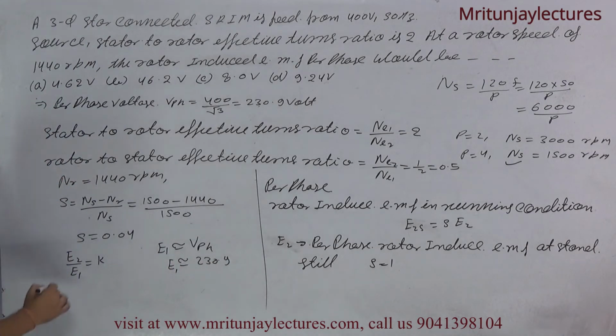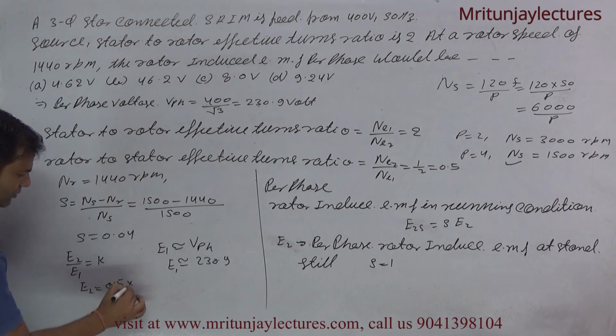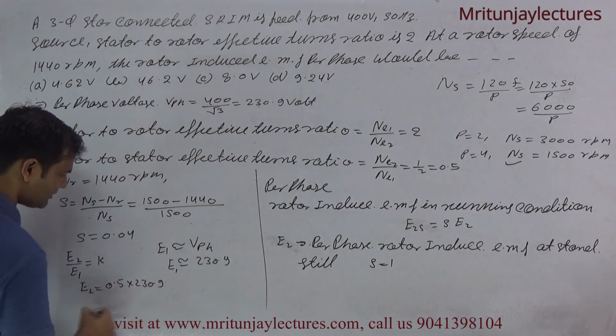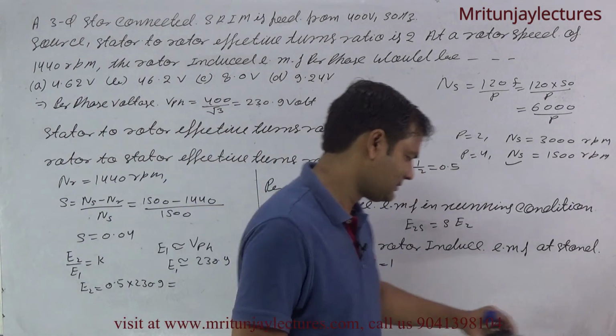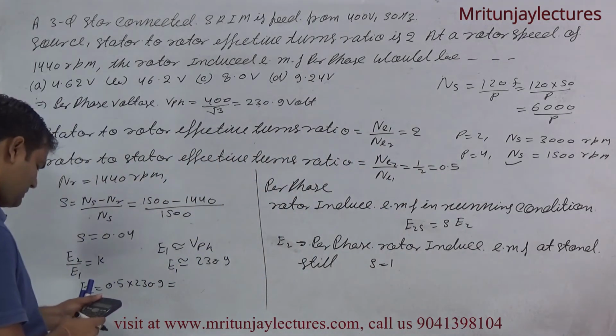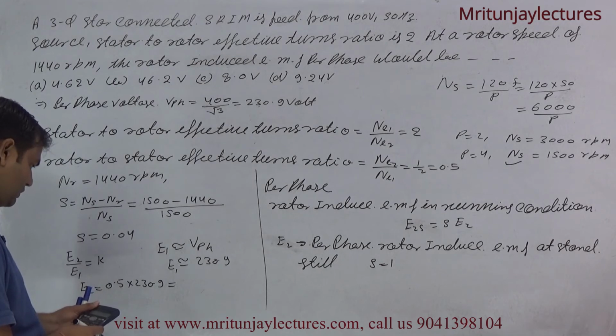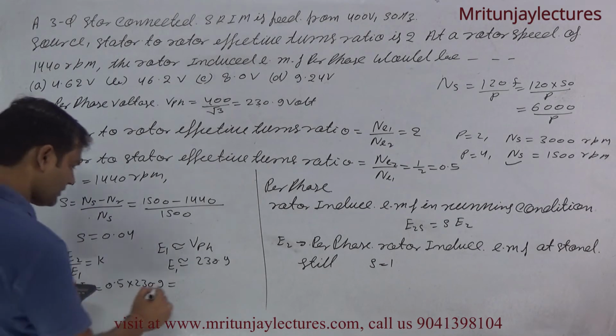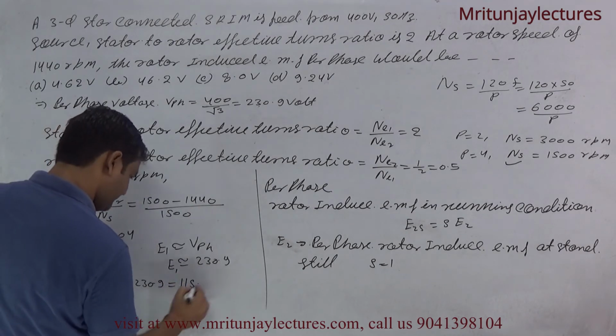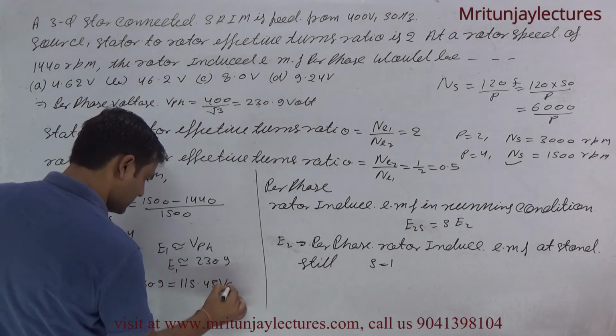So what about E2? What about K? That is 0.5. So 0.5 into 230.9, that is 115.45 volt. Clear?